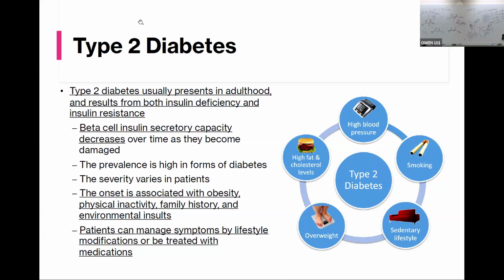The onset is associated with obesity. It's not always, right? But statistically, yes. Physical inactivity, family history, environmental insults, and sometimes chemicals can cause problems as well. Patients can manage symptoms by lifestyle modification or be treated with medication.